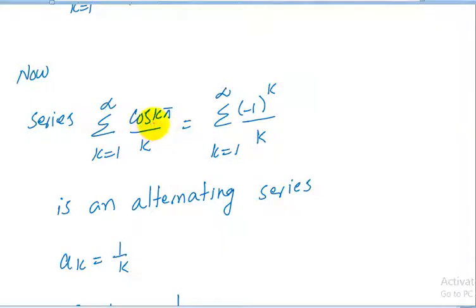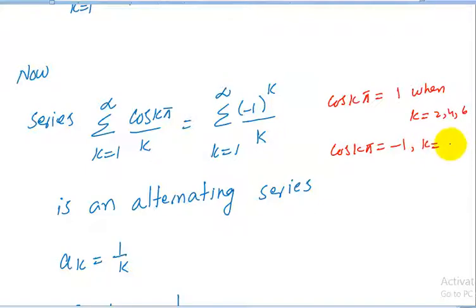The reason is that cos k pi is equal to 1 when k is equal to 2, 4, 6, and cos k pi is equal to minus 1 when k is equal to 1, 3, 5.